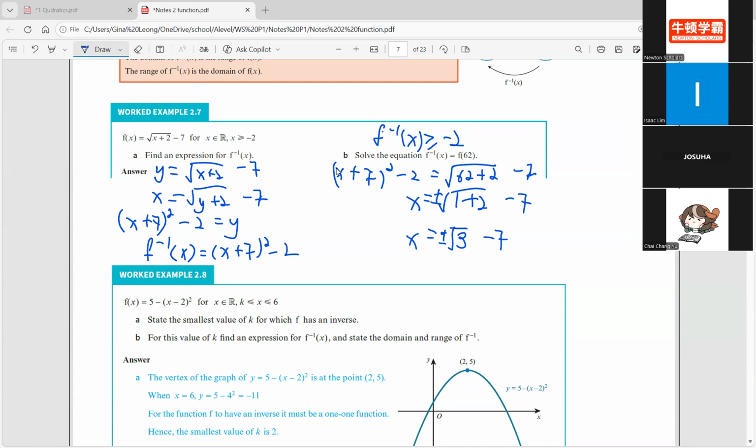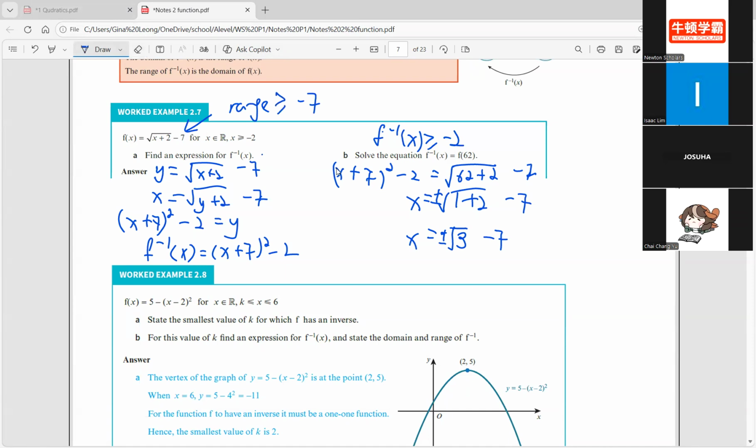Okay, let me see. For the range, what is your range? My range for fx is actually -7. So that means more than -7. Okay, more than -7.